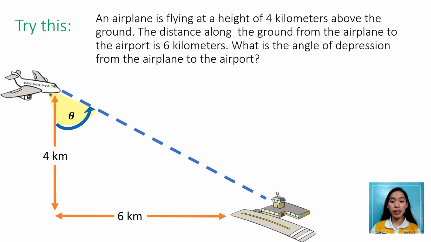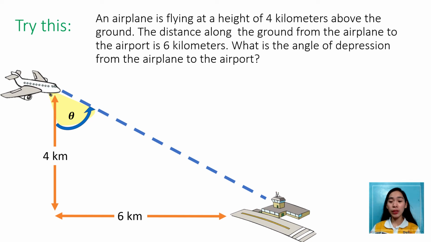So first, from our reference angle, which is theta, 6 kilometers would be our opposite side. And with respect to our reference angle, 4 kilometers would be our adjacent side.